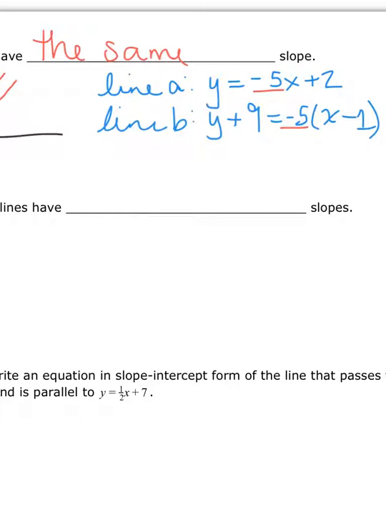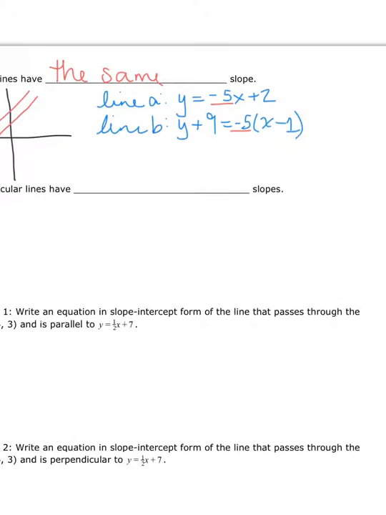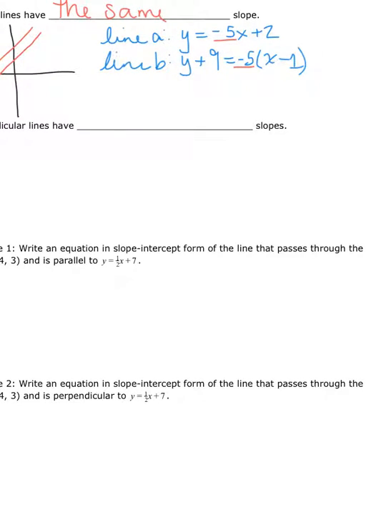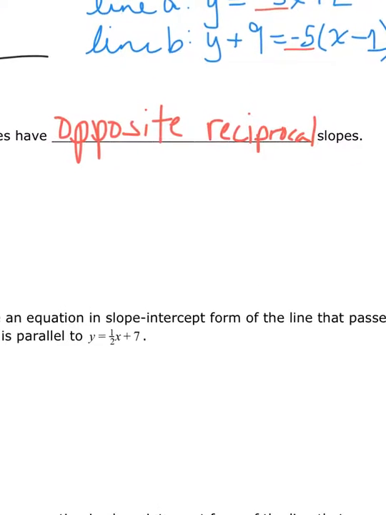All right. Perpendicular lines are where it gets interesting. Sounds hard. No, it's just interesting. So perpendicular lines have opposite reciprocal slopes. Here, I'll zoom in. Is that better?